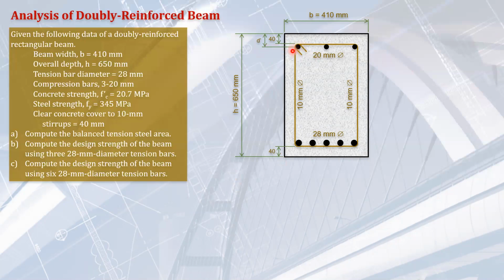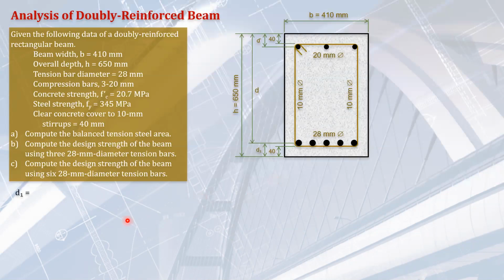We don't really call that cover, but that is the distance from the center of the compression steel to the extreme compression fiber of concrete. And we also have, I will just call this, D1. So let's compute D1 and D prime.